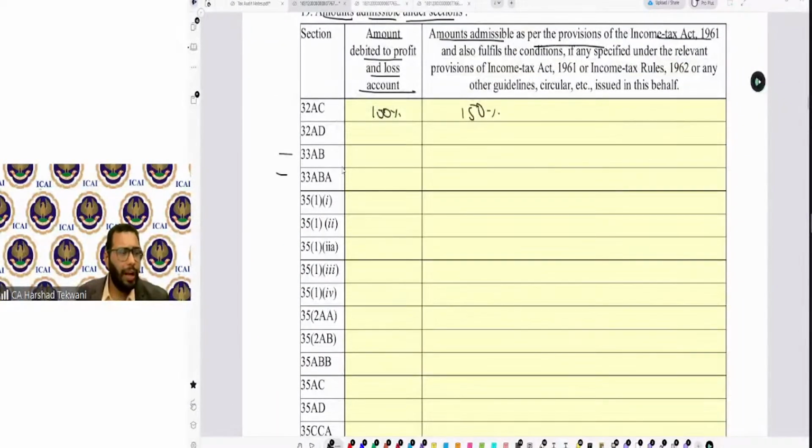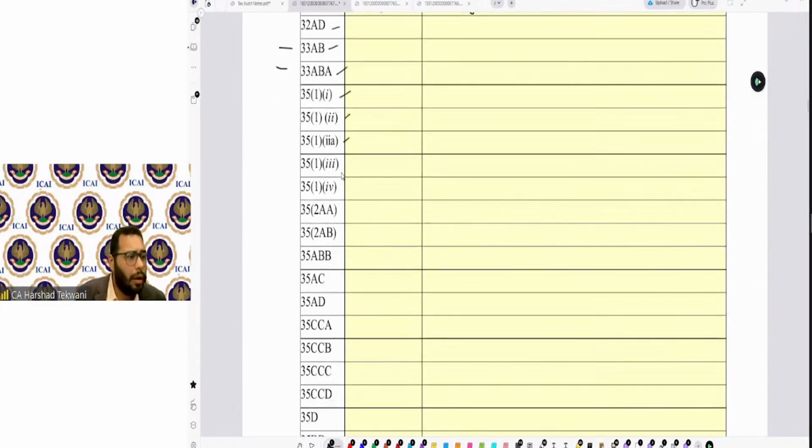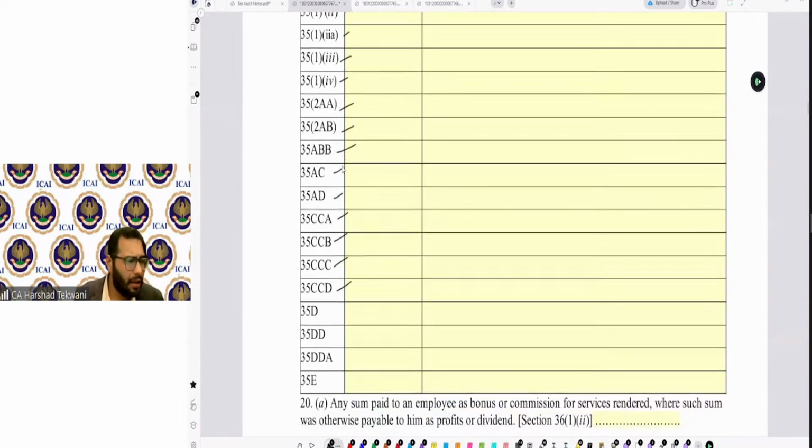So it contains 32AC, AD, AB, 33AB, 33ABA, 35(1)(i), (ii), 35(1)(iii), 35(2AA), 2AB, 35ABB, 35AC, AD, CCA, CCB, CCC, CCD, 35D, 35DD, 35DDA, and 35E. Specific sections for specific deductions.